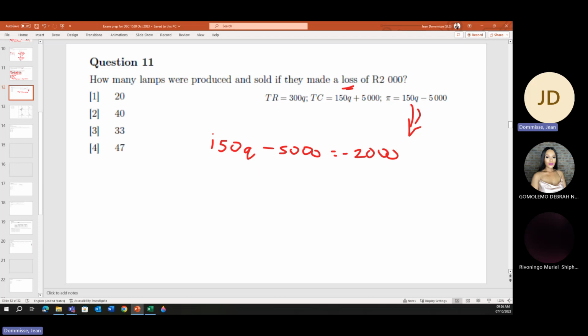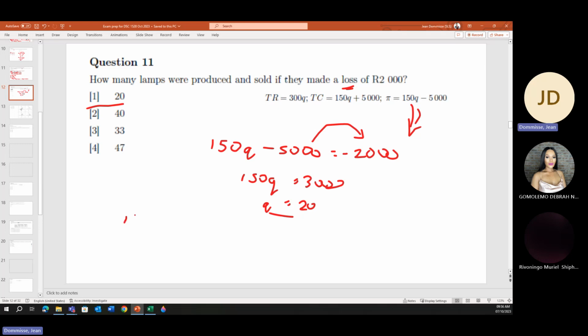So 150Q on this side. I'm going to take the 5,000 over to that side. So then it becomes 3,000. So Q will then be 20. Okay, which is option 1.